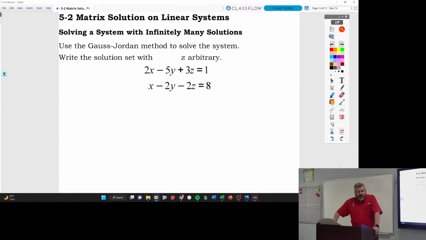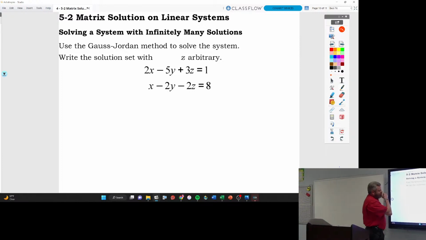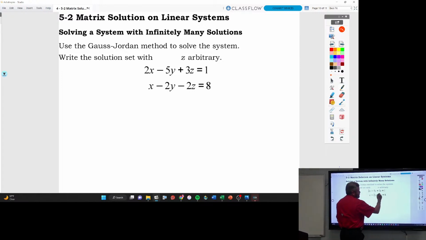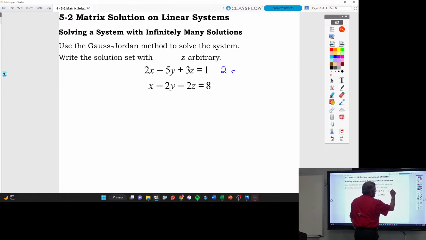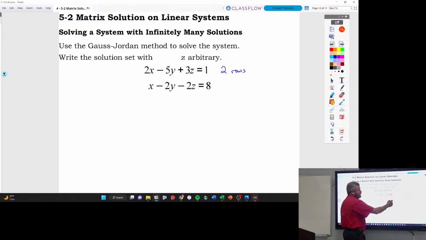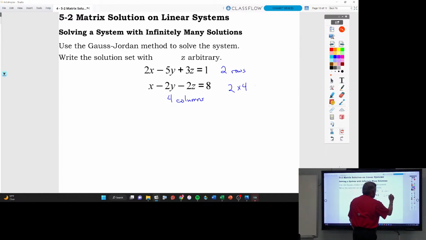So because of that, this is going to be very arbitrary as far as our answers go. So let's start off just like we're doing our Gauss-Jordan. We have 2 equations, so we have 2 rows. But we have 4 columns. So this is going to be a 2 by 4 matrix.